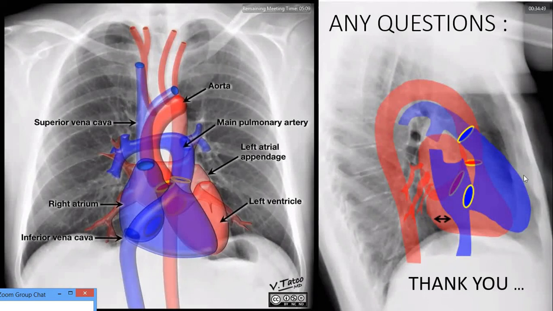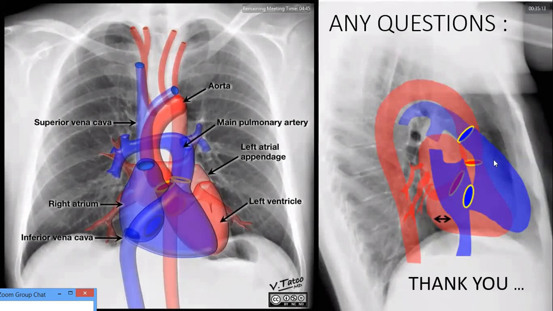Similarly, on the lateral view, we can see the right chambers of the heart are more anterior, while the left atrium is superior. The right ventricle forms the anterior border of the heart, and the left ventricle is more posterior and inferior. The right ventricle is anterior to the left atrium, while the most superior portion of the heart is formed by the left atrium.